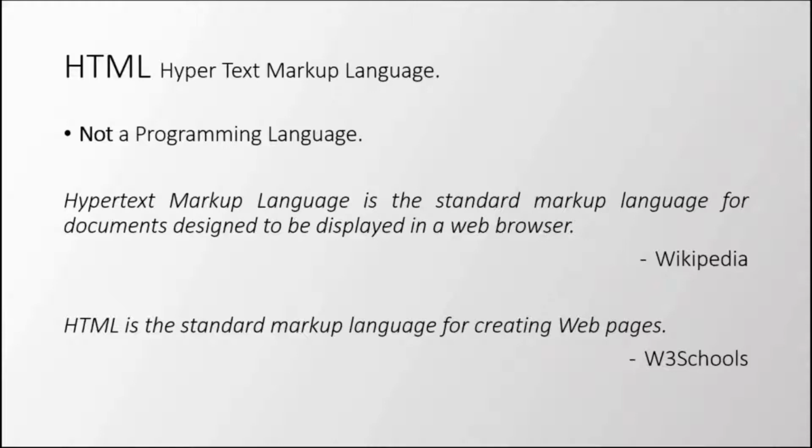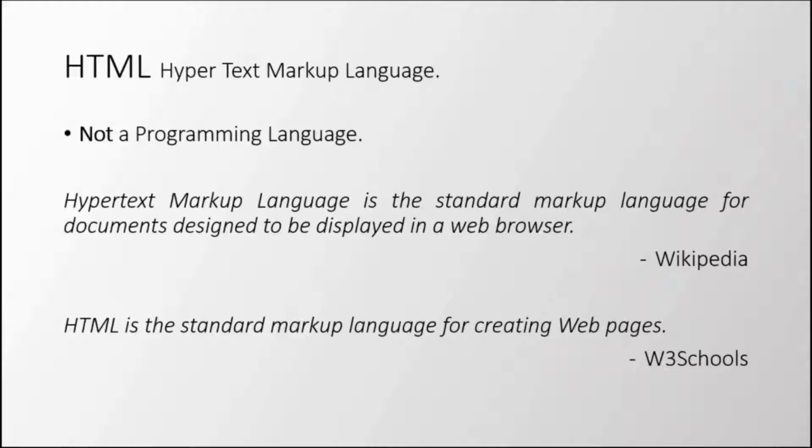which is the HTML working group and the World Wide Web Consortium, have decided that it is not good to release HTML as a version, and so they have decided to make HTML a living standard. So now, whenever you say HTML, we are not talking about any one specific version of HTML.